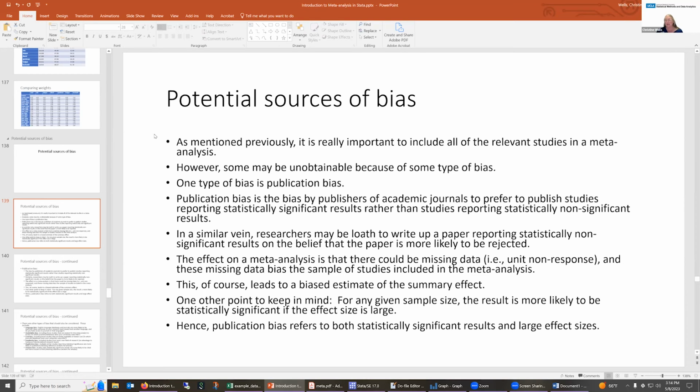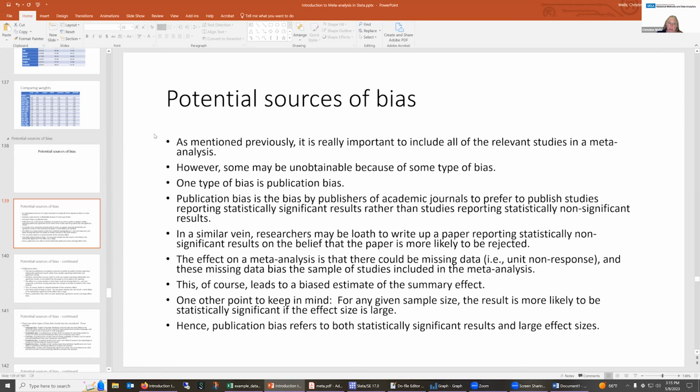Publication bias used to be the big thing that everybody talked about, and that has really changed in recent years. And so just keep in mind that when you're writing up your meta-analysis, you may need to mention that you looked for this, but this should not be the only thing you talk about, or that's not going to go so well with the reviewer.